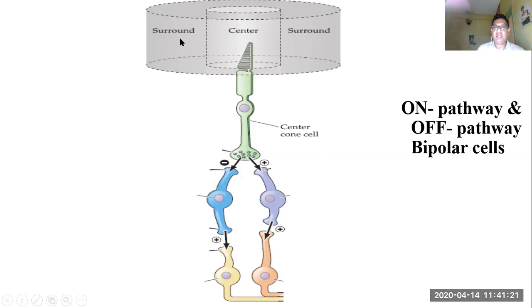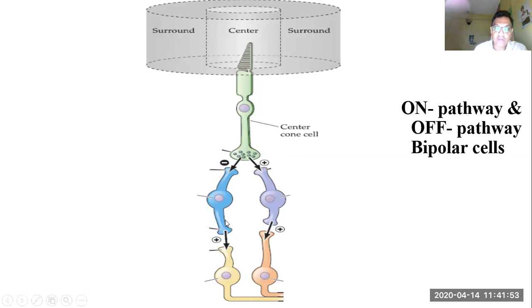Now what happens is that when you have stimulation of light, this cell will be hyperpolarized. So light hyperpolarizes the photoreceptors. Now the interesting thing about bipolar cells is that we have two varieties of bipolar cell: the on variety and the off variety.